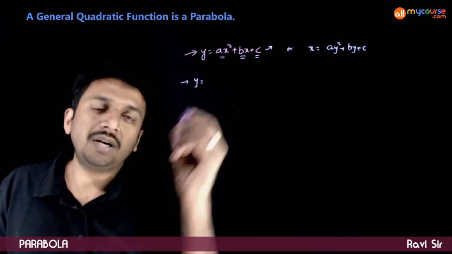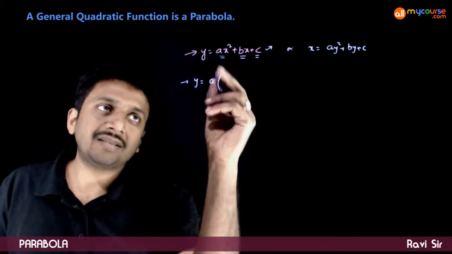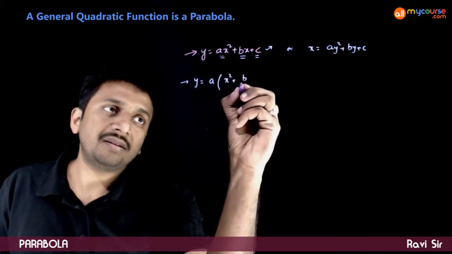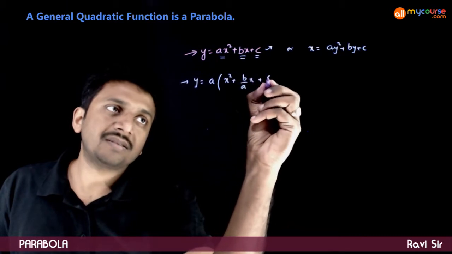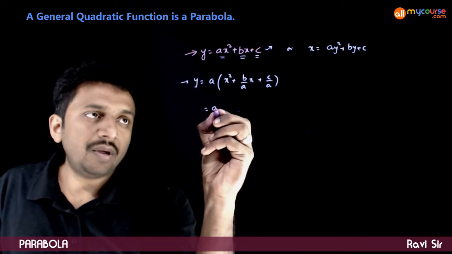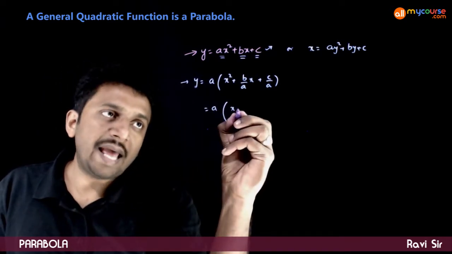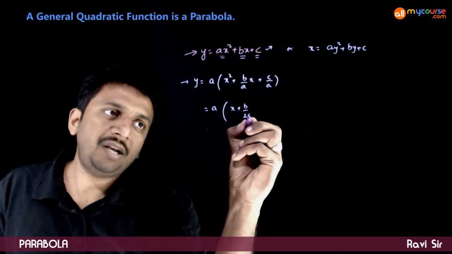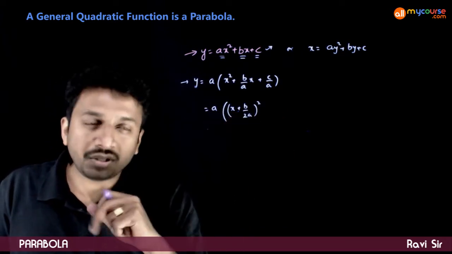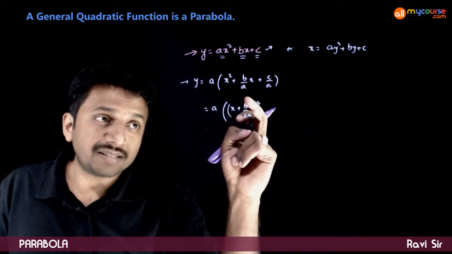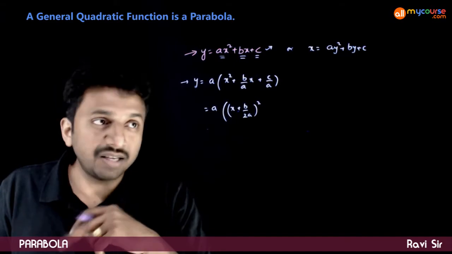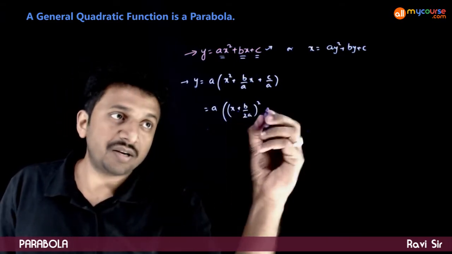So y is equal to, can I write ax square plus bx plus c as a times x square plus b by a into x plus c by a. That is equal to a times x plus b by 2a whole square. If you write x plus b by 2a whole square, you get x square plus 2x times b by 2a, which is b by a times x, plus b square by 4a square.